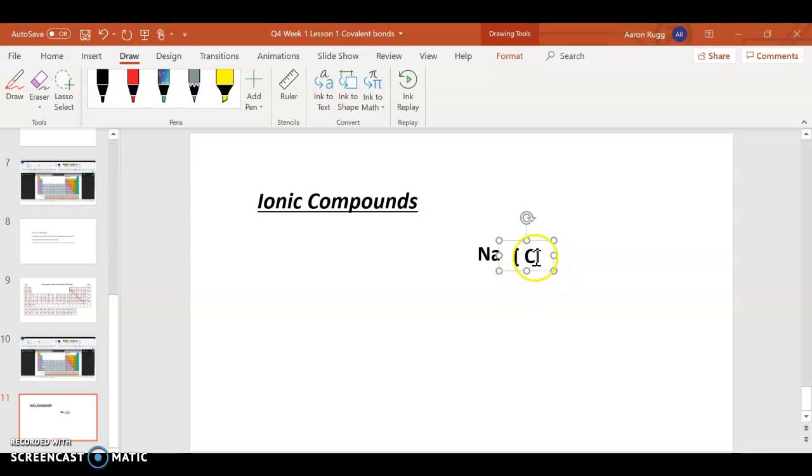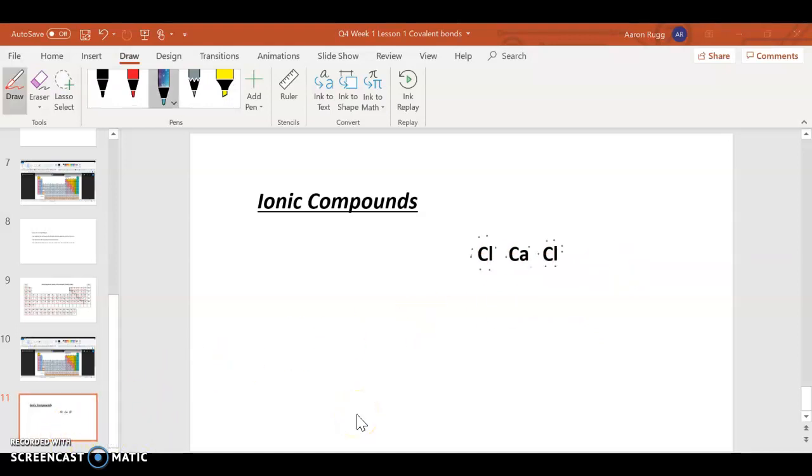I don't need the bracket. I just literally type NaCl. Okay. So some of the questions will ask you for chemical formula, some will ask you for Lewis dot structure. That's how to do it.